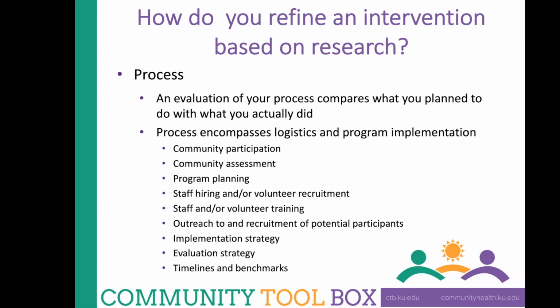It's also possible that the process leading up to the program went as planned, but the implementation didn't turn out as expected. In that case, it was probably your plan that was at fault. So some possible problems that you might encounter could include not assessing the situation or taking some important aspects of preparation into account.